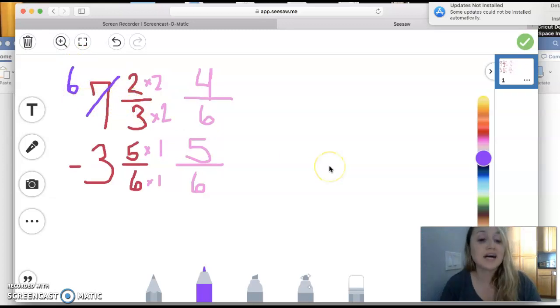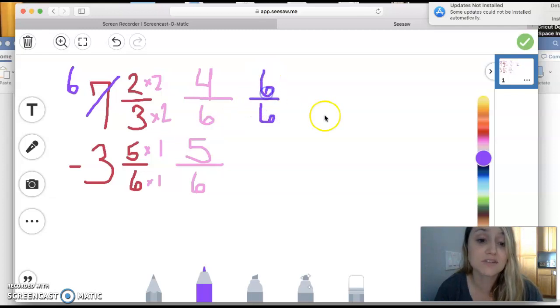Now, remember, last problem I used 12, because any whole number can be 8 over 8, 7 over 7, 6 over 6, 5 over 5. Those are all representative of one whole. So since I have 6 as my denominator, I'm going to use 6 over 6, because then again, I don't have to find another common denominator.